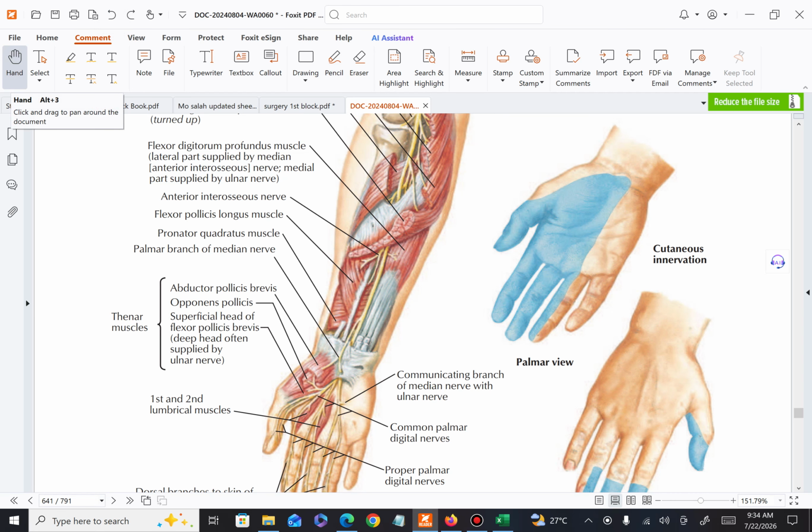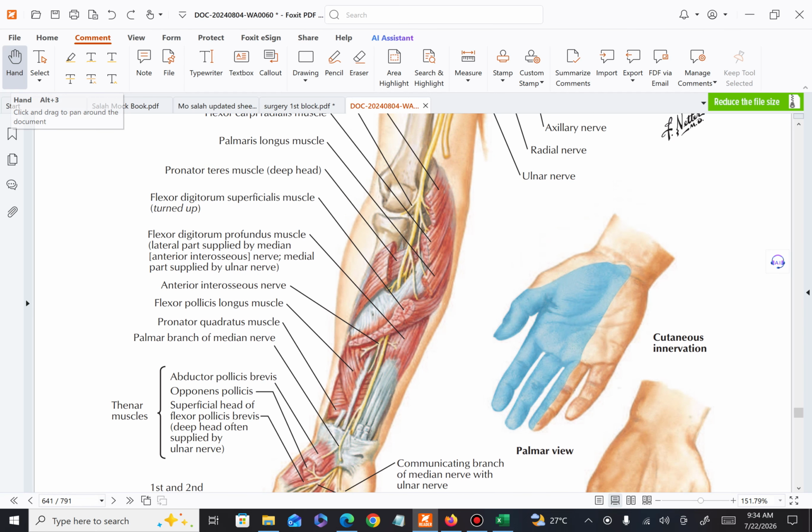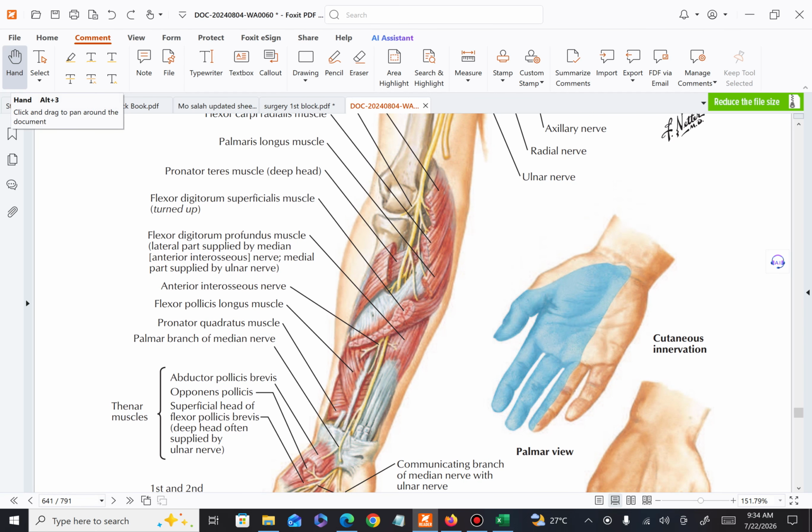Now the supply or distribution of the median nerve. The median nerve supplies all the muscles in the anterior compartment of the forearm except 1.5 muscles.